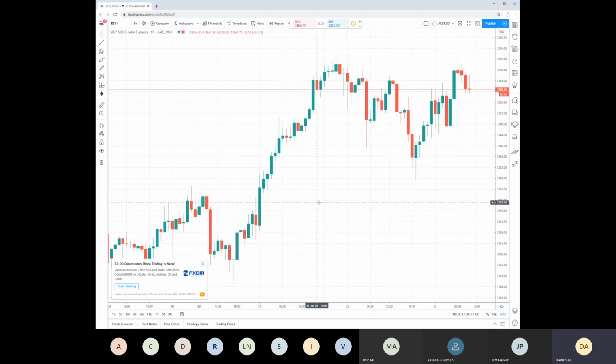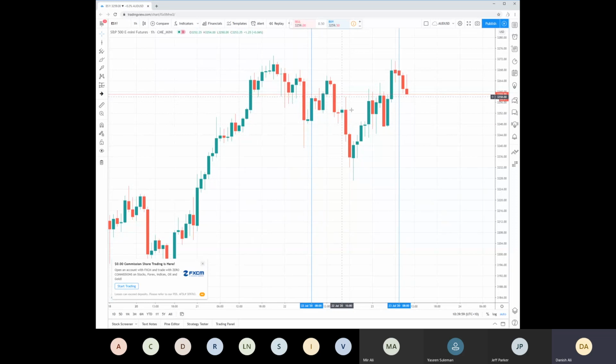It starts on the 22nd at 8 a.m. as per Sydney time. Let me draw a vertical line to demarcate the hours. This is where it started, the whole day. That's where it ended. This was the previous day's candle, which had a long thread.